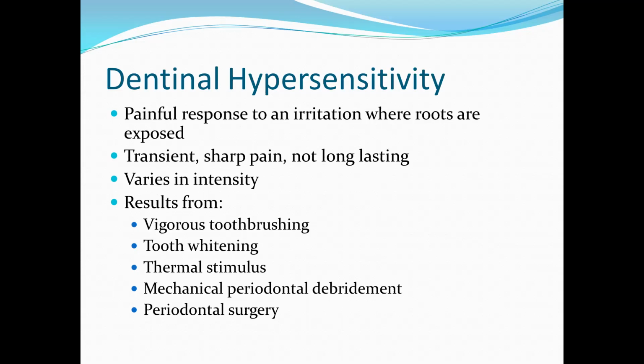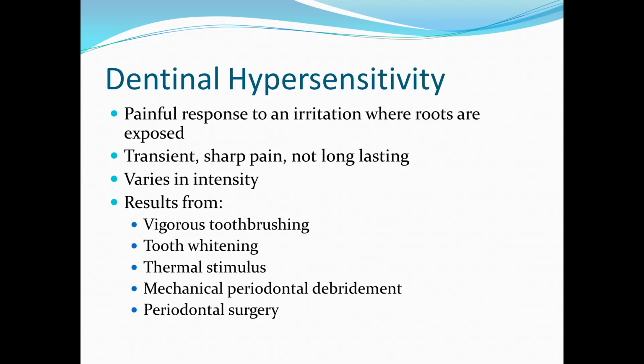Dentinal hypersensitivity can be a result of vigorous toothbrushing, tooth whitening products where the peroxide is interfering with that fluid balance in the enamel rods. Thermal stimulus, hot and cold. Mechanical periodontal debridement, that's us. They've got this nice barrier of calculus around the tooth. It's great.